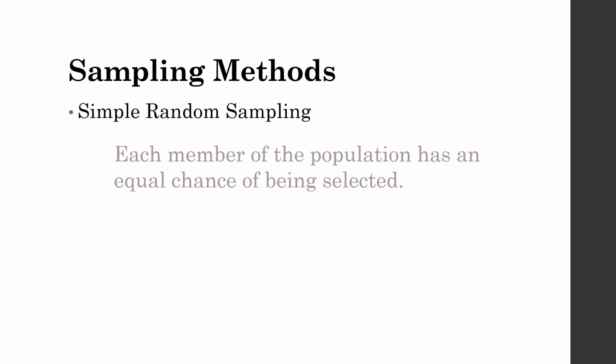All right, so simple random sampling, this is the most basic type of sampling that you can do. Sometimes people get this one mixed up with other sampling methods, but what I want you to think about whenever you hear simple random sampling is this is the most basic type of sample. This is where each member of your population has an equal chance of being selected.